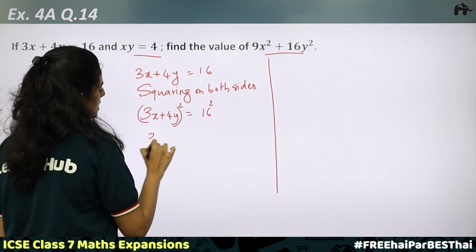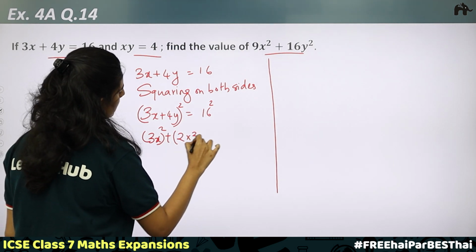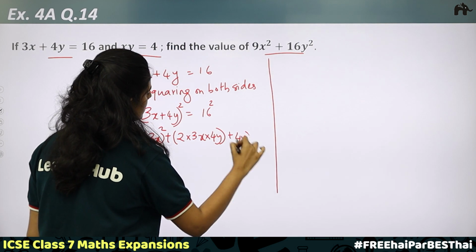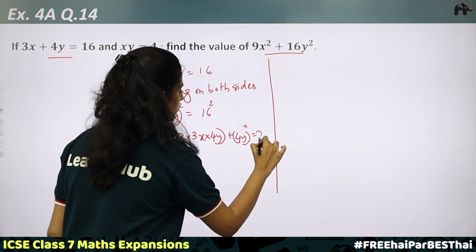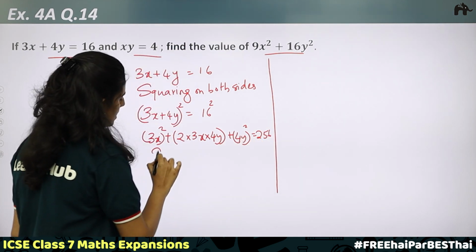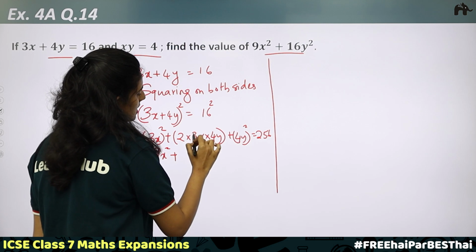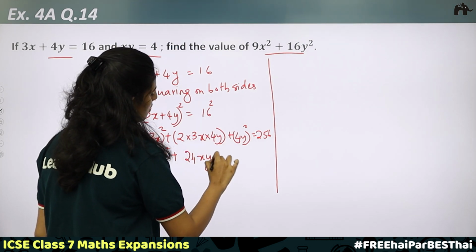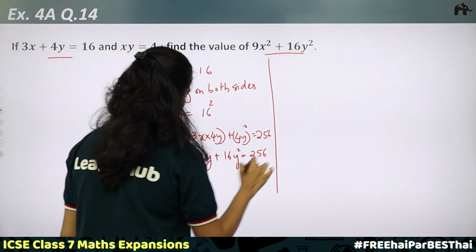Okay, this is 3x square plus 2 into 3x into 4y plus 4y square is equal to, what is 16 square? We get 256. That is 9x square plus, 2 3s are 6, 6 4s are 24, 24xy plus 16y square is equal to 256.